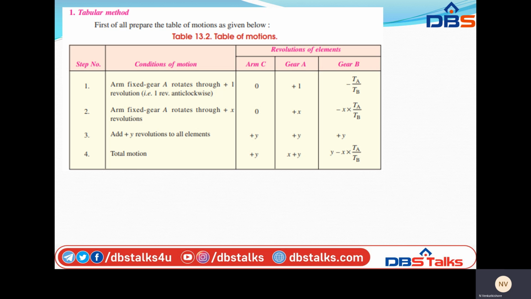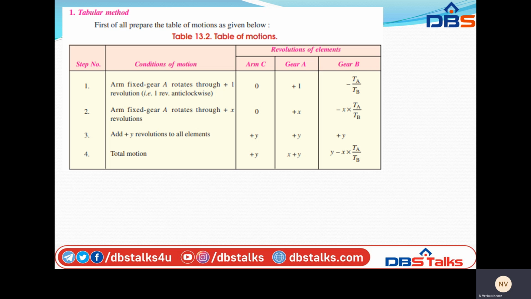One thing we need to know, what is the basic table we are having? When the arm is fixed, the gear A is rotating in the anti-clockwise direction, one revolution, that is plus 1. The gear B, this is the basic table, that is minus TA by TB. After that, which is rotating at plus x revolutions. So arm is fixed means 0 plus x, it is multiplied, minus x into TA by TB.